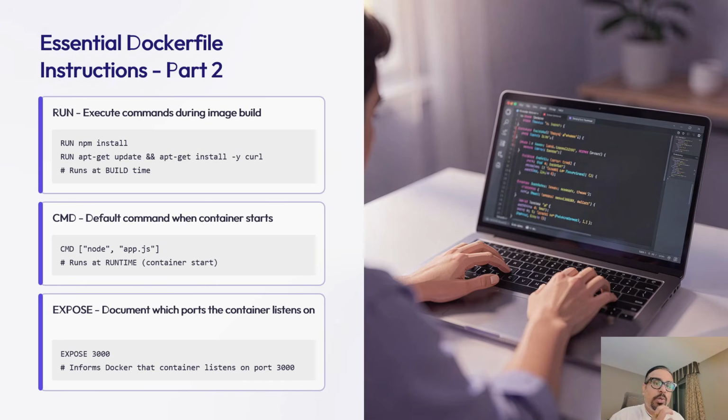So the person who's going to run the specific container should understand where he should communicate with the container. And you still need to use the -p flag with the docker run command to actually map the ports from the local to the container port.